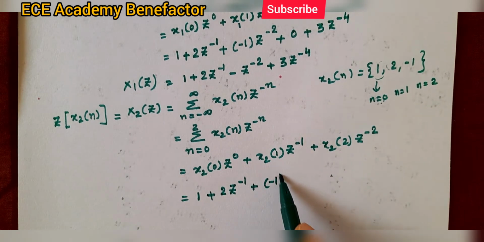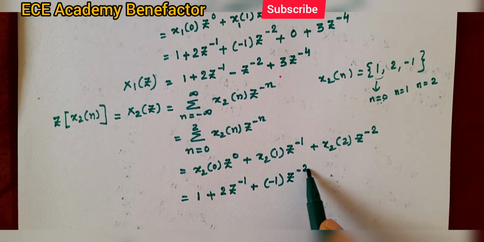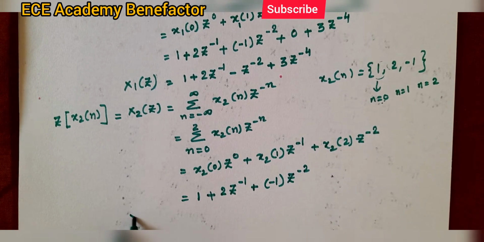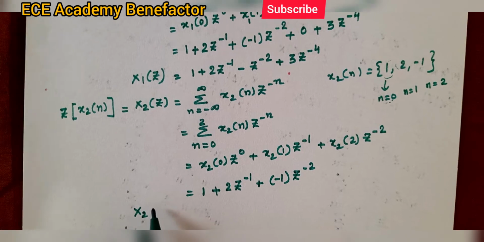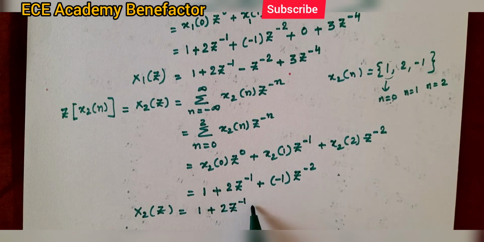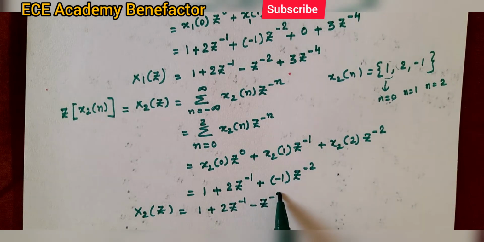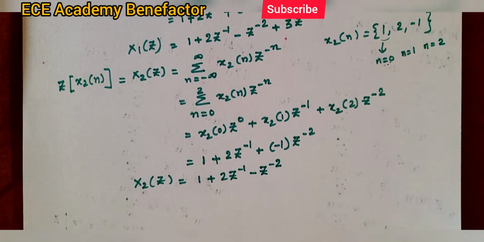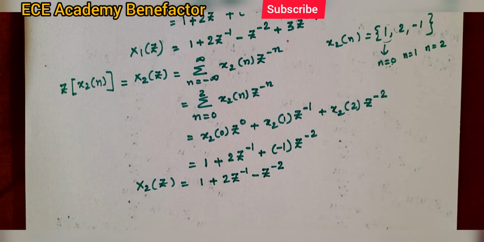Minus 1, z to the power of minus 2. So we got x2 of z now. What is x2 of z? 1 plus 2z inverse minus z to the power minus 2. So we got x1 of z and x2 of z.